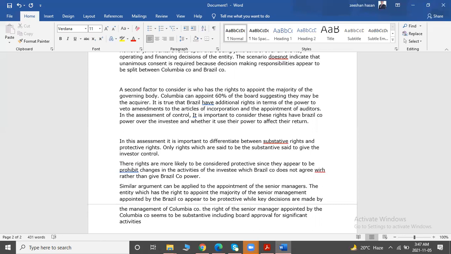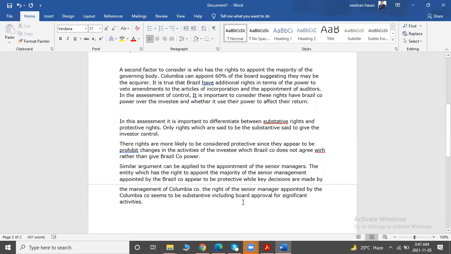Now, lastly, what I will say is further evidence that Columbia Company is the acquirer is referred to by the fact that Columbia Company paid additional consideration to obtain control.